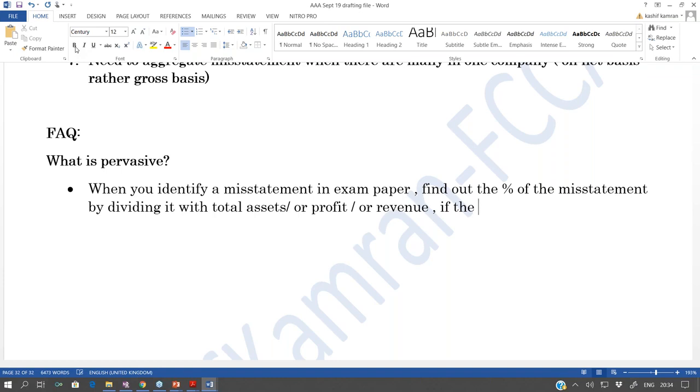If the percentage is 60% or more, then it becomes pervasive and hence an adverse opinion.